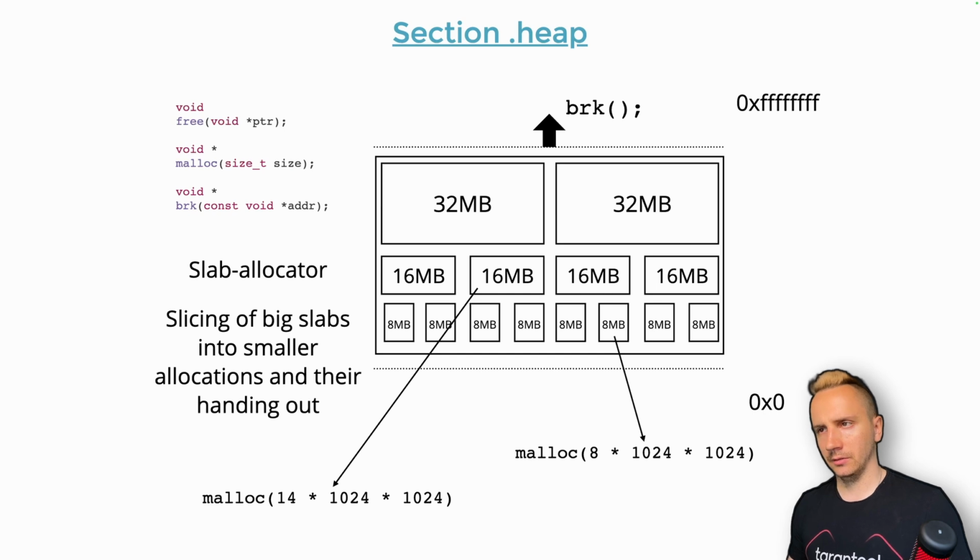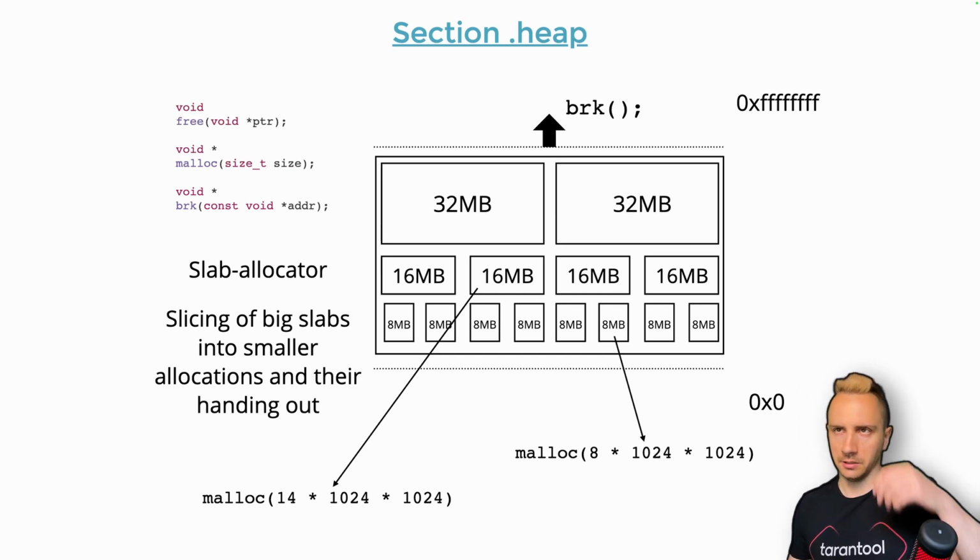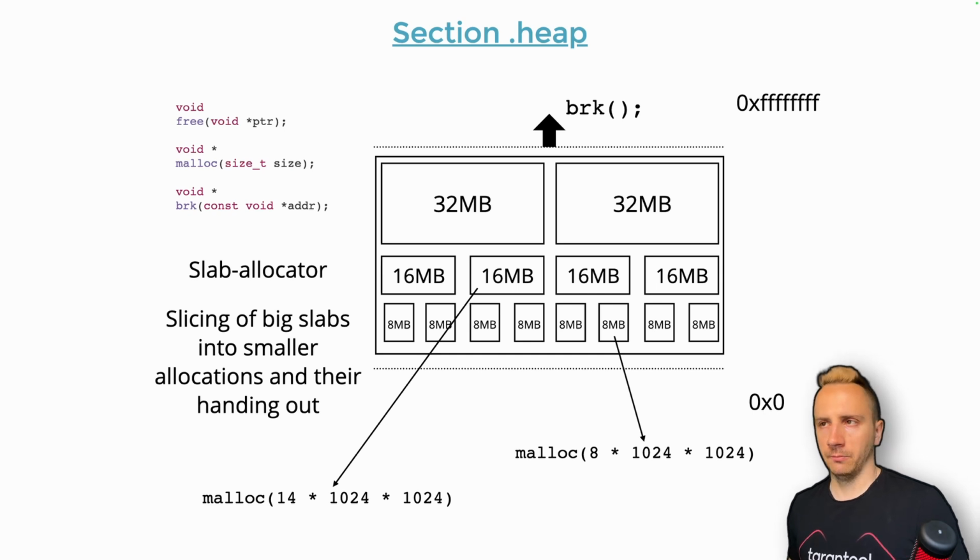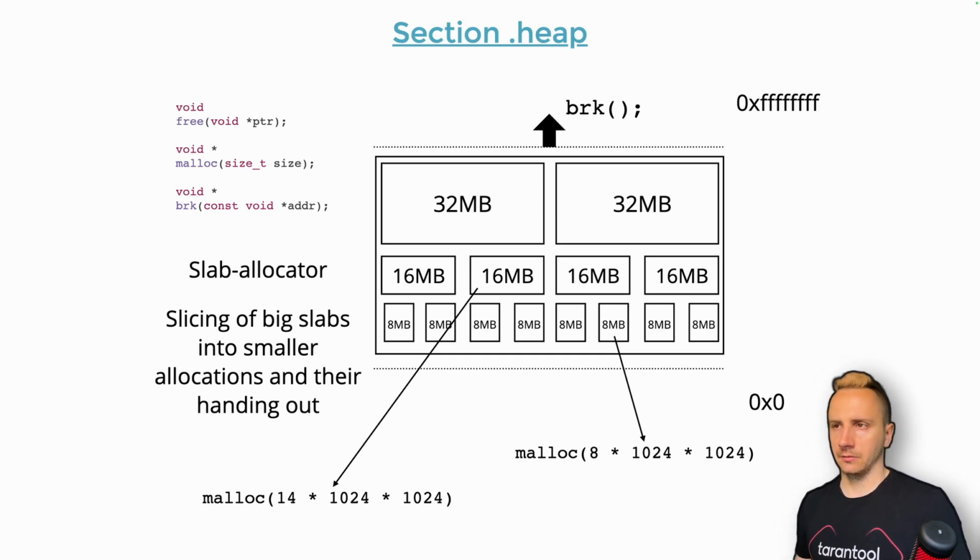The standard heap, like the malloc or new function in C++, is commonly implemented using slab allocation. So when you take a section of memory, like you allocate a big one, let's say 1 GB of memory, you map it to some physical addresses and you split it into blocks. Firstly you split it into a few large 32 megabyte blocks.